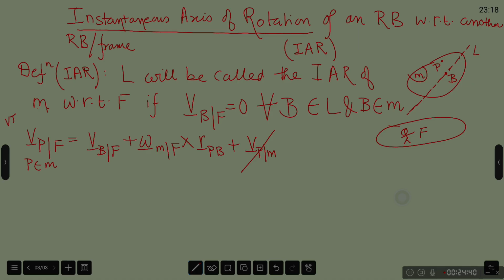This expression is anyway true whether B lies on L or not. So in general, velocity of any particle on the body can be found using B as intermediate point, and of course M is the intermediate frame, and B is fixed to IP, fixed to IF. This is generally true, two terms.